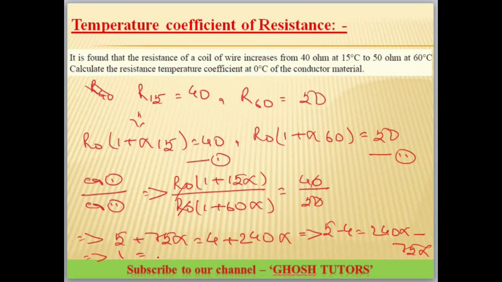It means 1 is equal to 165 alpha. It means alpha is equal to 1 by 165. So what result it gave? Alpha is equal to 1 by 165. Its unit is per degree Celsius.